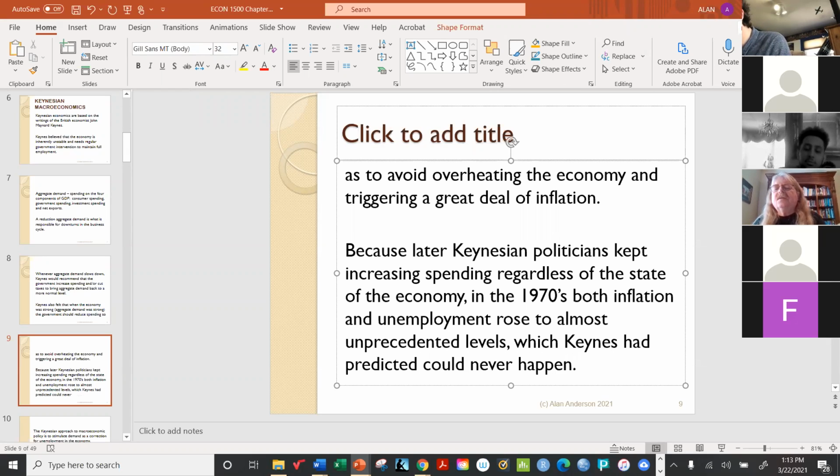So this is when, I guess, the bloom came off the rose of Keynesianism.